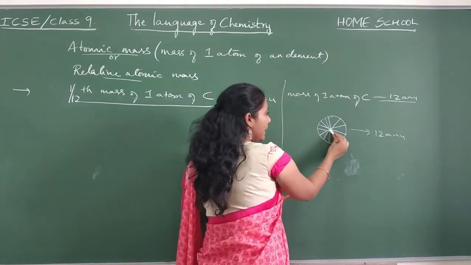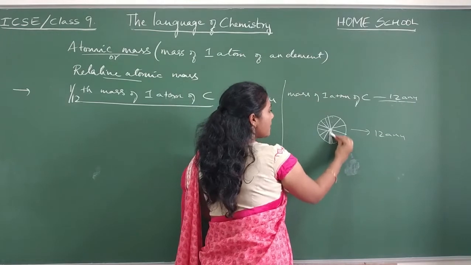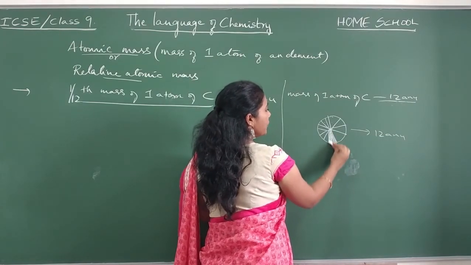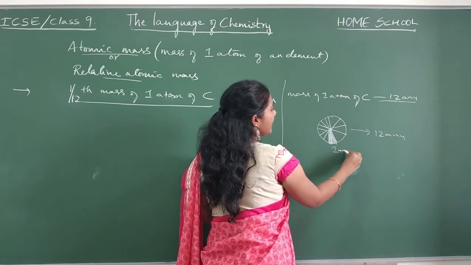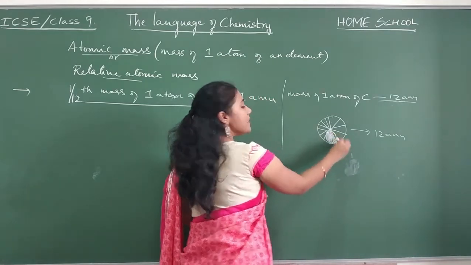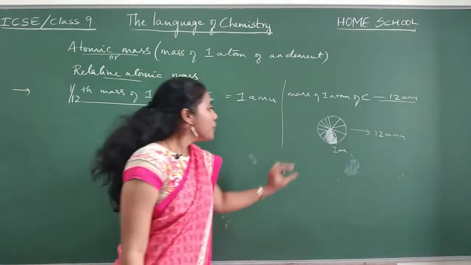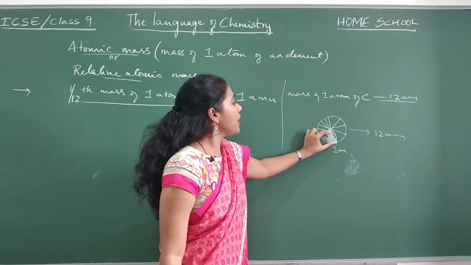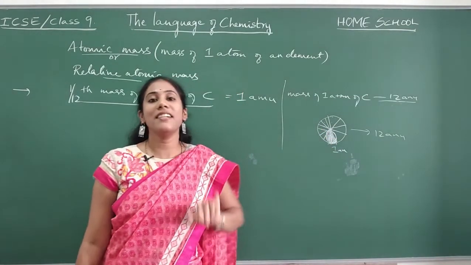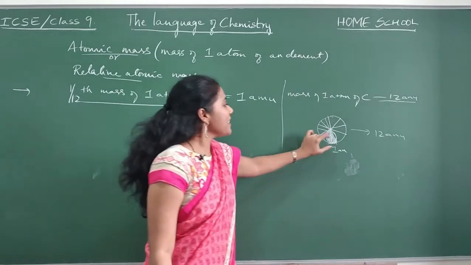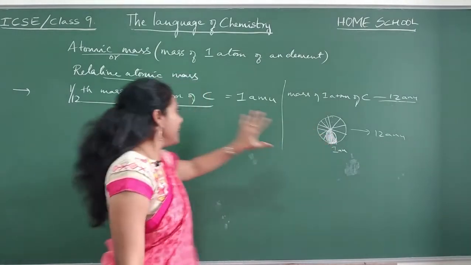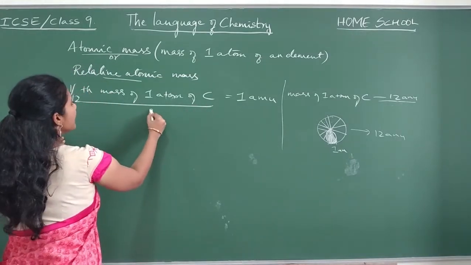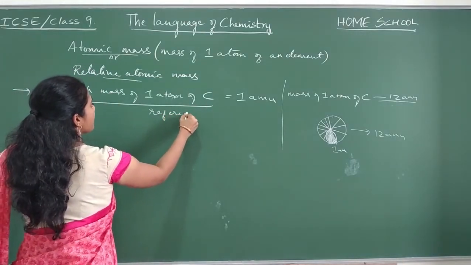And one part, 1/12th part's mass, is 1 AMU, right? So this part they considered as a reference. This small part of carbon's mass they considered as a reference. Which part is that? 1/12th part of a carbon atom's mass. How much is it? 1 AMU. So this they took as a reference, guys.